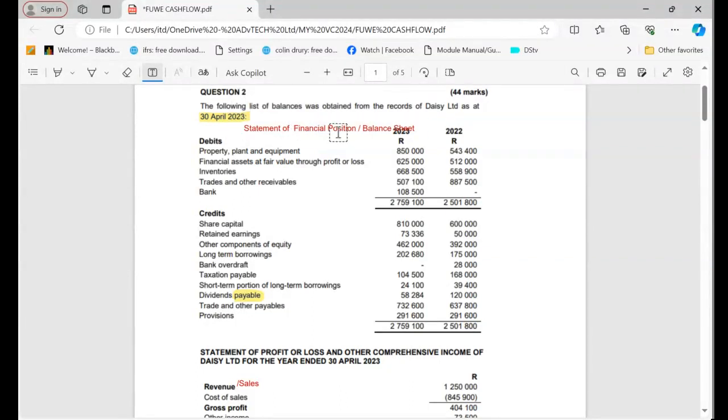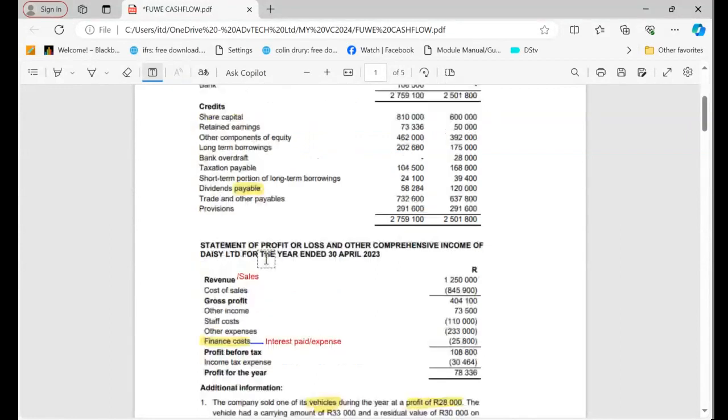So I'm just saying, for the future, this represents the balance sheet, and this one is the same as the income statement.